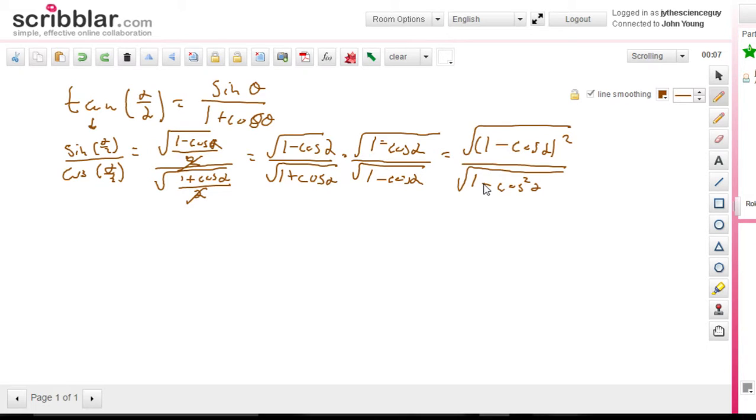Okay? So now this is one of our trig identities. If you remember that 1 minus cosine squared is equal to sine squared, then I can substitute the sine squared in for this whole thing, because those two things are equal to one another. So let's do that.